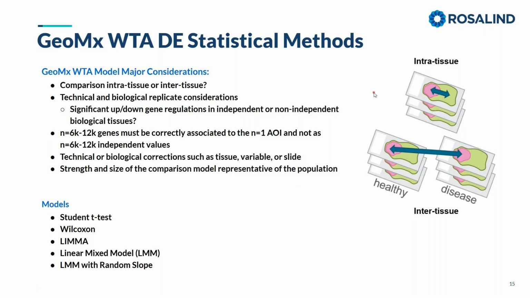What that means is, in spatial here, if we had 3 AOIs in this pink region, and let's say that tumor-related genes are all upregulated in this pink region, which makes sense, most statistical tests assume independence, which means it's going to assume that all those AOIs taken from this pink region are independent values.